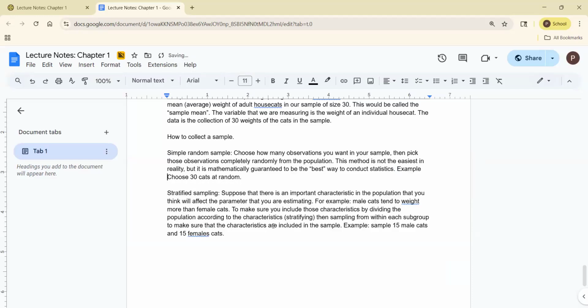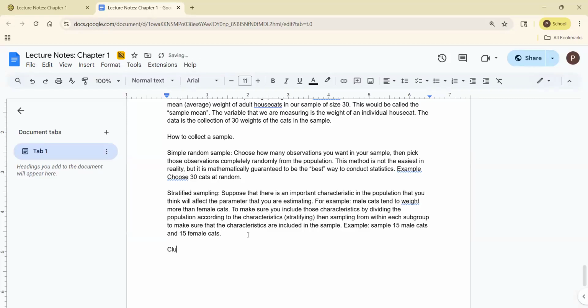I'm adding that example here to the simple random sample. Technically, this is not quite as guaranteed to be the best way. You could introduce something called bias, but it's often very important when you're studying populations that have these characteristics.